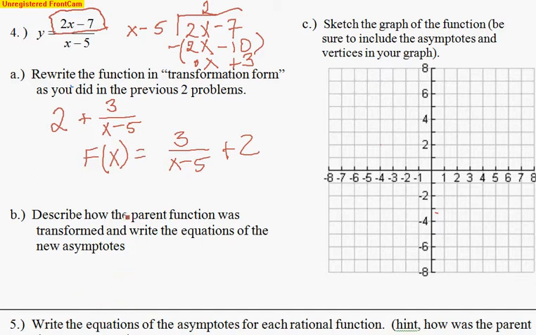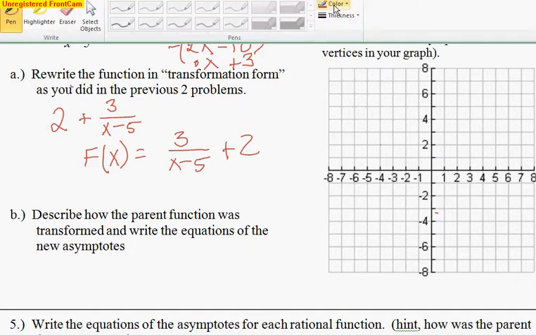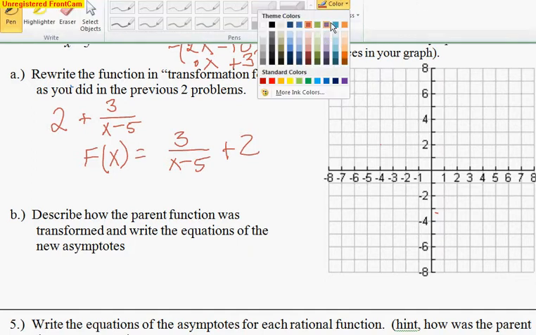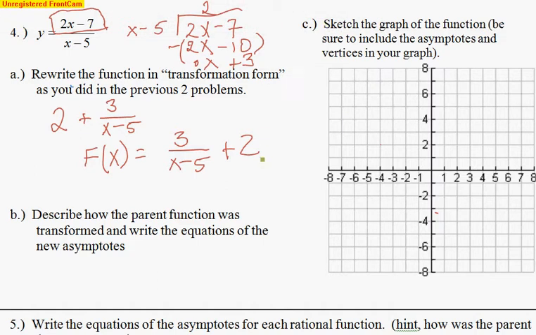So let's describe how the parent function was transformed and write the equations of the new asymptotes. All right, how is it transformed? Number 1, what does that 2 tell me? The 2 at the end says we're going to shift up by 2. So it's a vertical shift up by 2.